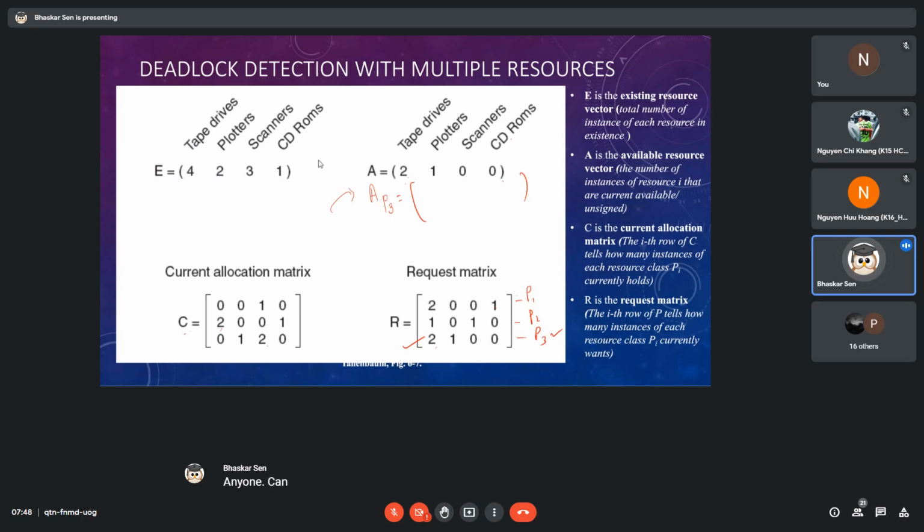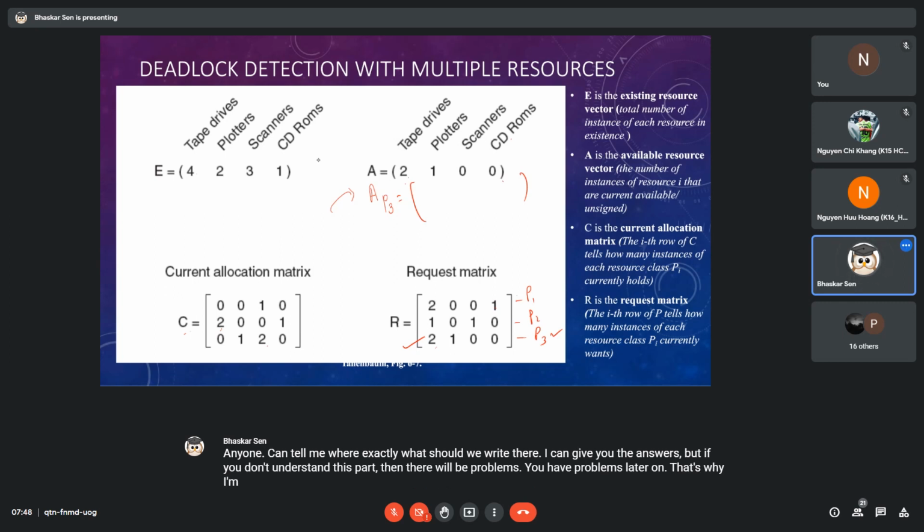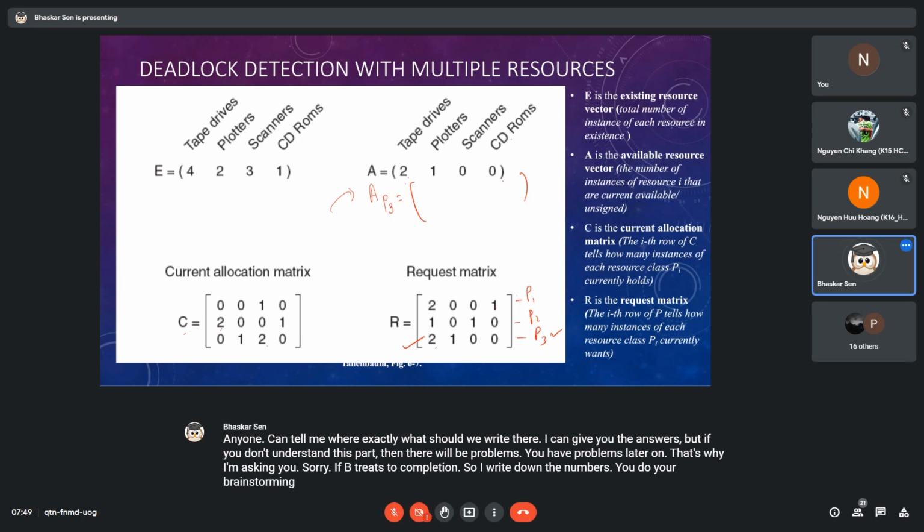Can anyone tell me what exactly we should write there? I can give you the answers, but if you don't understand this part, then you'll have problems later on. That's why I'm asking you. Sorry. If P3 runs to completion, I write down the numbers, you do your brainstorming to understand. All right?